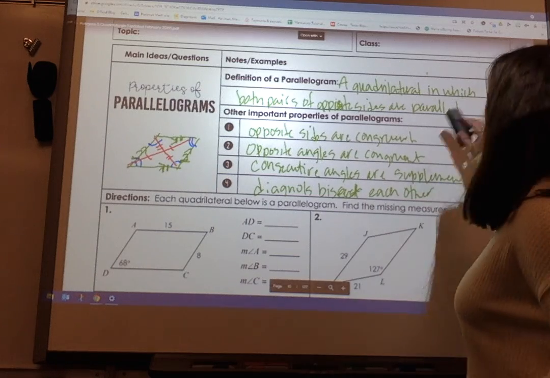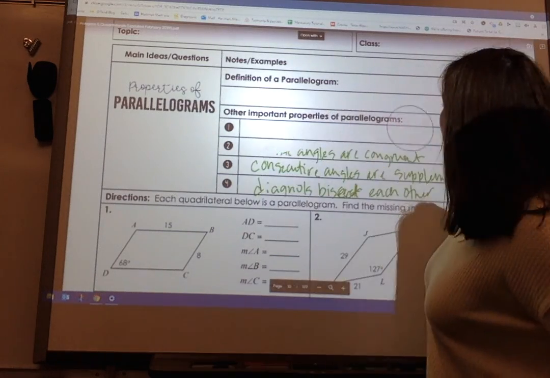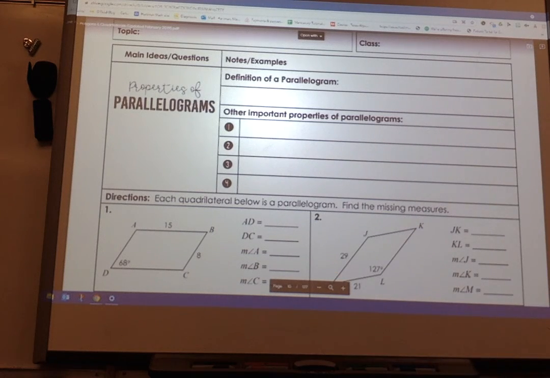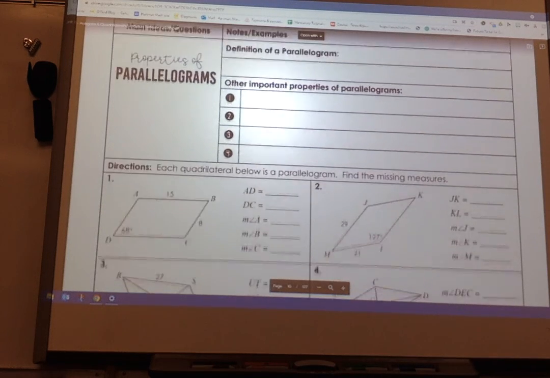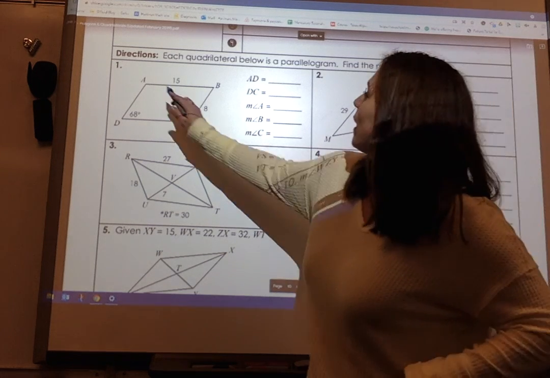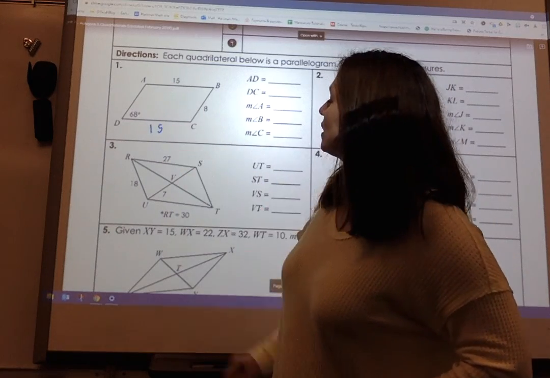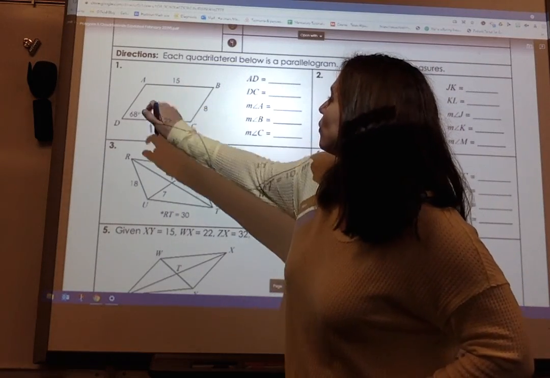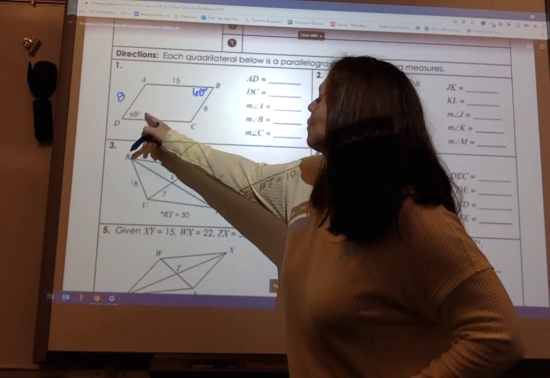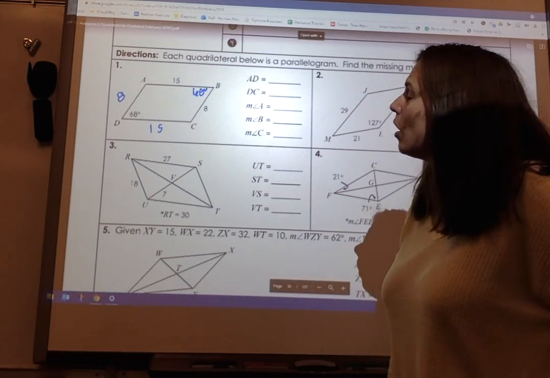So let's take a look at how to solve them algebraically. So let's move that up a little bit. Okay, and let's take a look at numbers 1 and 3. So if AB is 15, I know DC is 15. Opposite sides are congruent and parallel. I know that's 8. I know this is 68 degrees because opposite angles are equal.